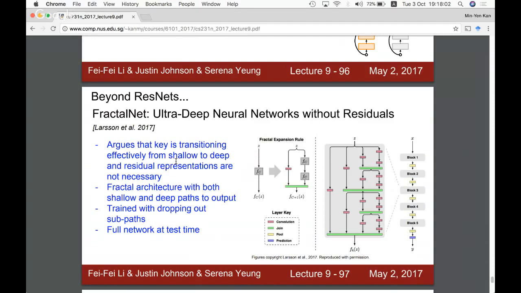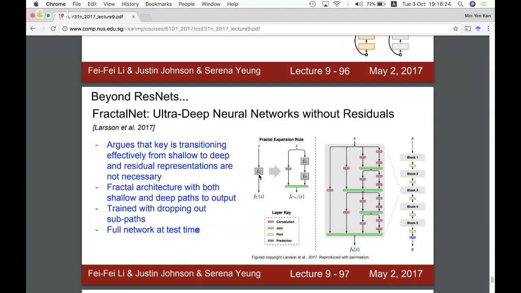So they've come up with this fractal architecture, which allows both shallow and deep paths to the final output layer, and it looks something like this.